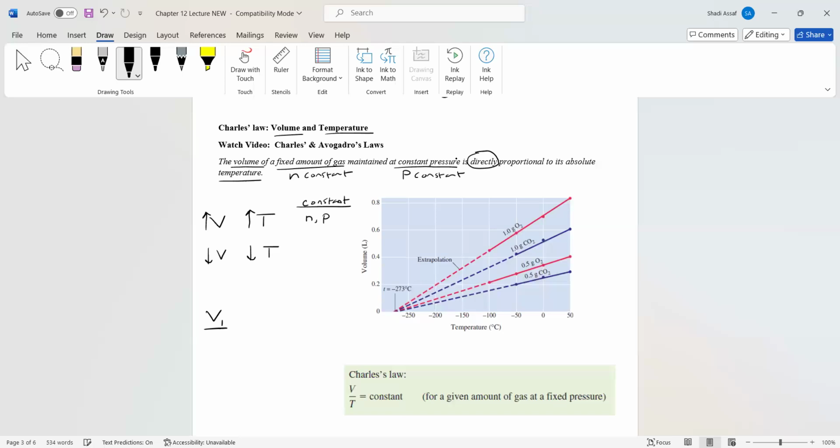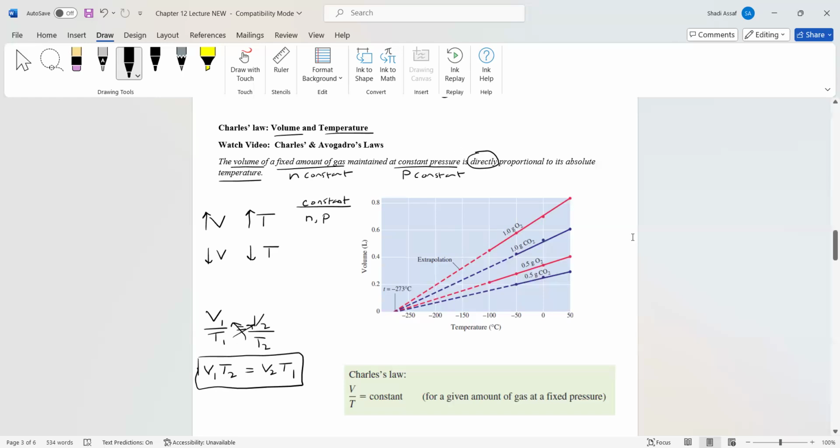So V1 over T1 equals V2 over T2. If we cross multiply, we end up with V1 T2 equals V2 T1. And this is probably a quicker form of using it, but you know how to do cross multiplication.